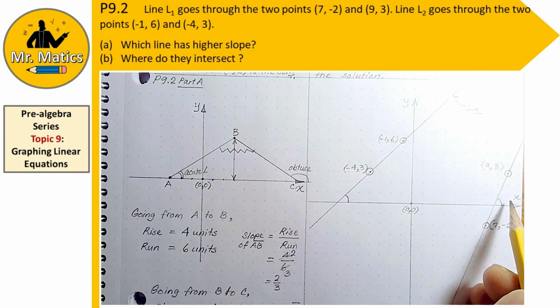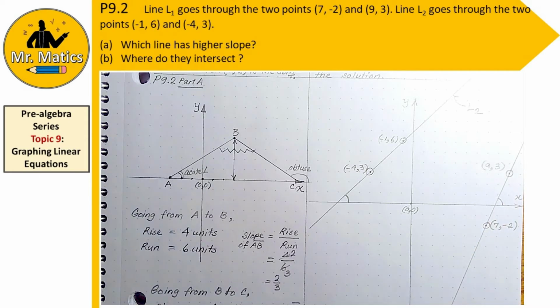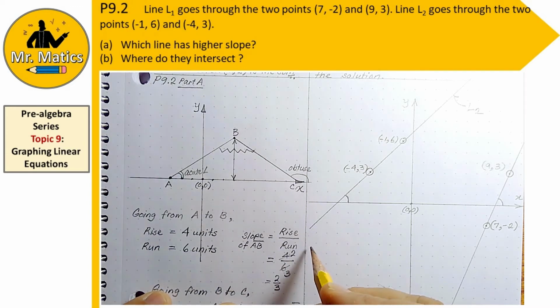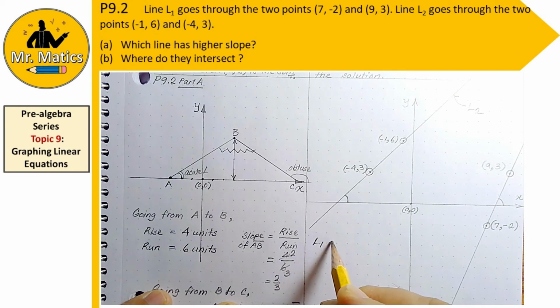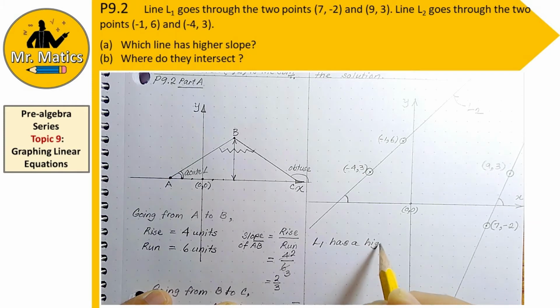If you have a higher angle, and both are acute angles, then this line will definitely be steeper or has a higher slope. So you can say part A, line 1 has a higher slope than line 2.